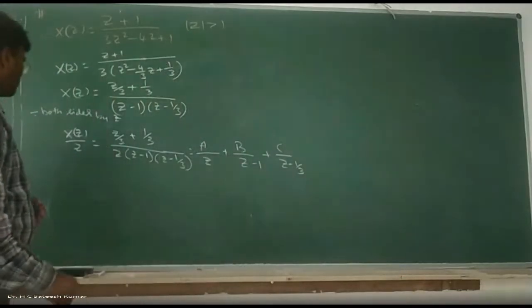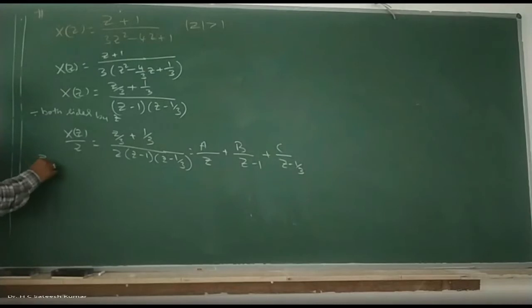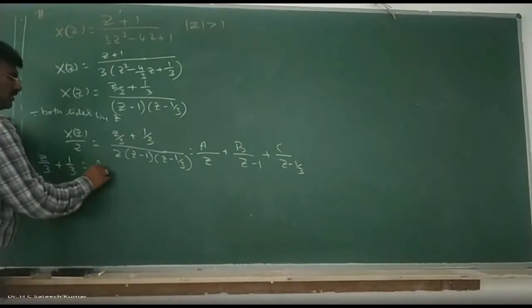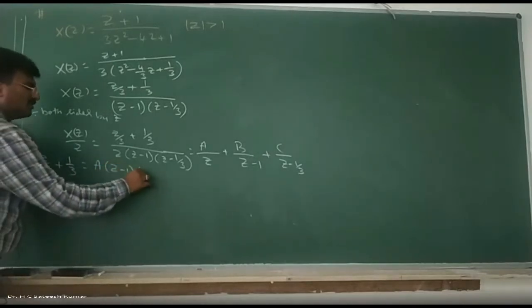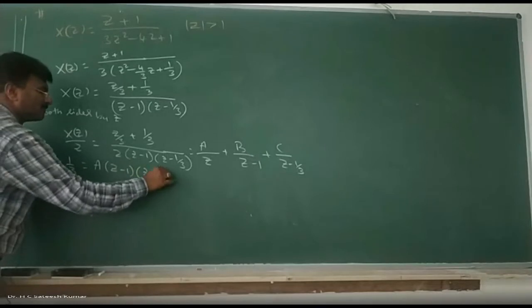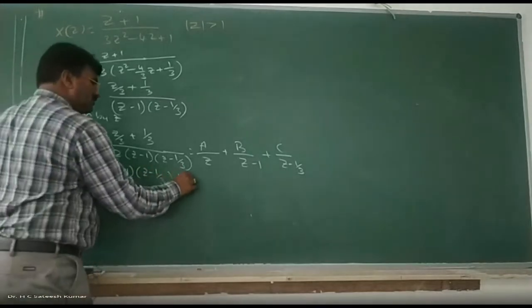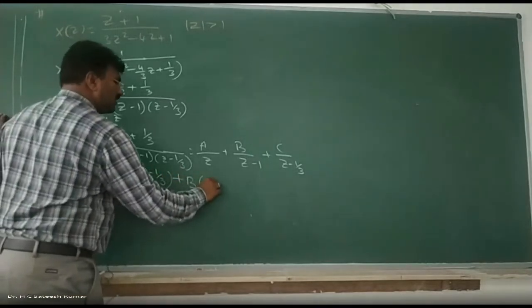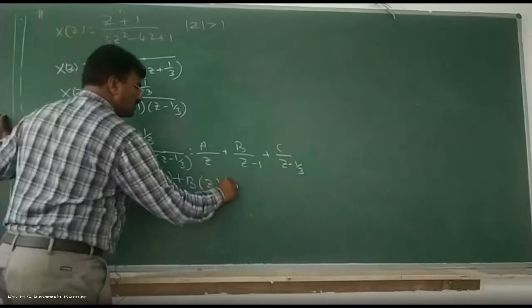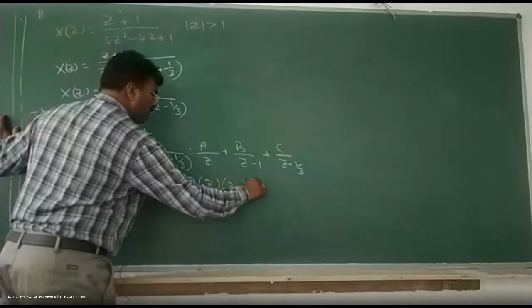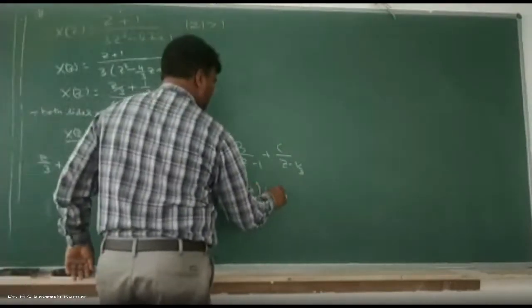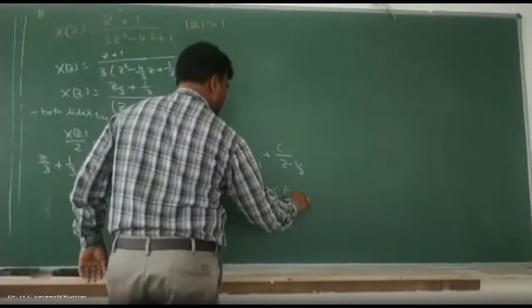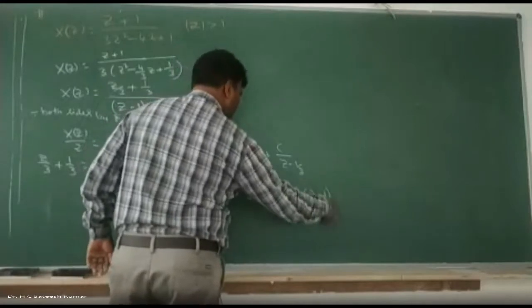Therefore z by 3 plus 1 by 3 is equal to a into z minus 1 into z minus 1 by 3 plus b into z into z minus 1 by 3 plus c into z into z minus 1.